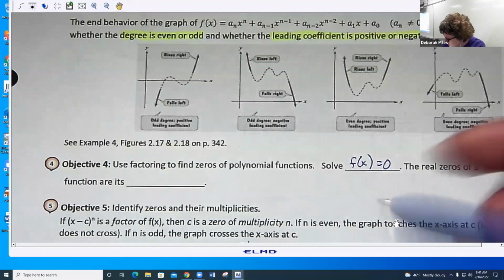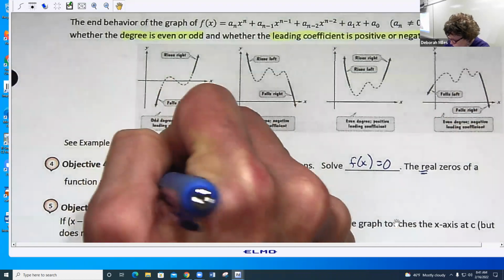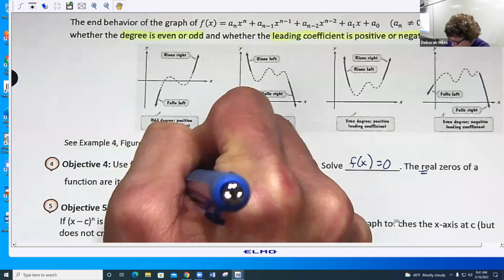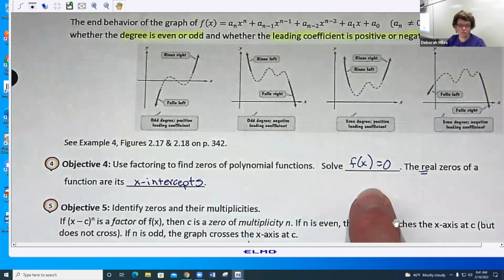So the real zeros of a function are its x-intercepts. And if the function has any imaginary zeros, they're not on the graph in a two-dimensional plane. So we're only going to be graphing the real zeros of a function.